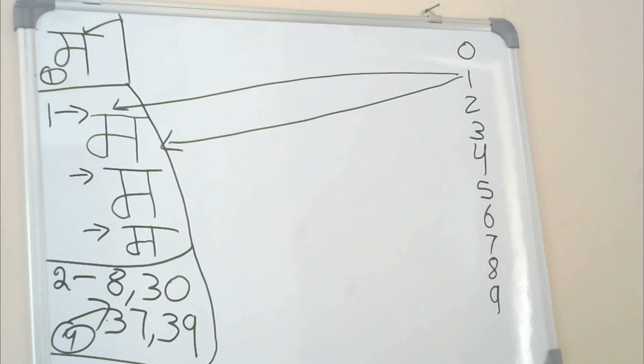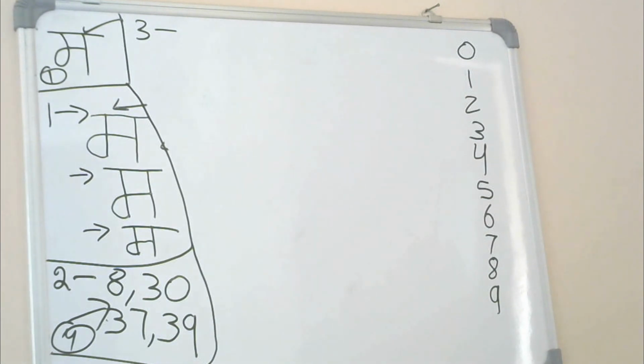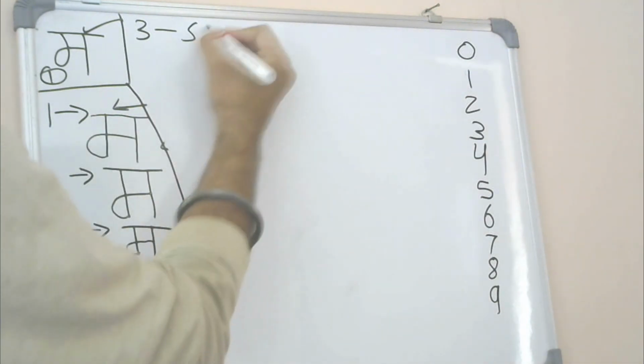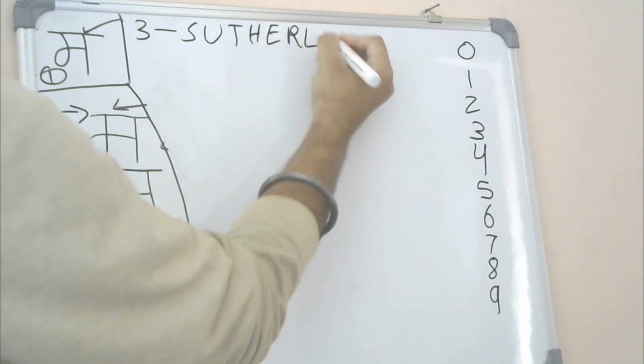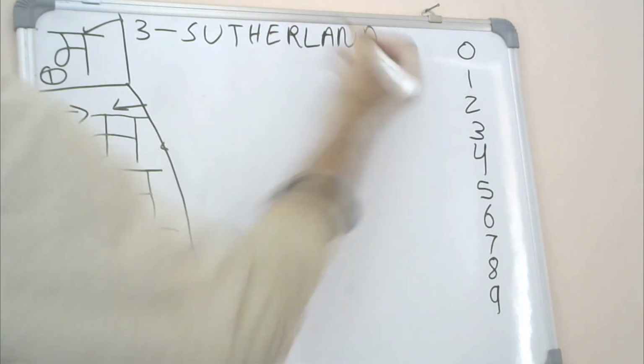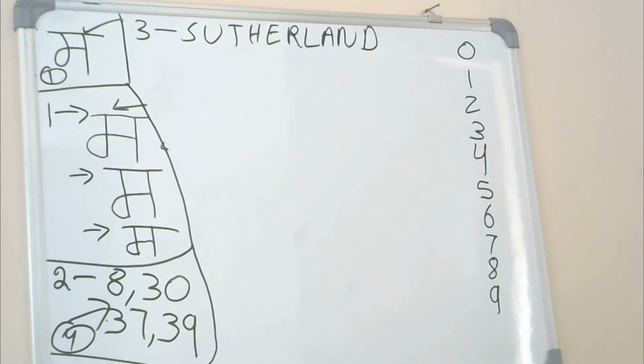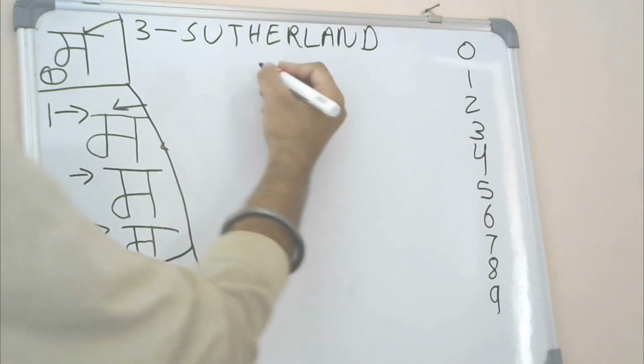The third step, how to pronounce this letter. Let me rub these lines. So we have this thing. Okay, we will use this word, Sutherland, and then we are going to have this word.